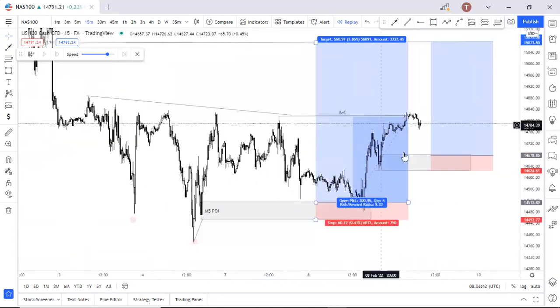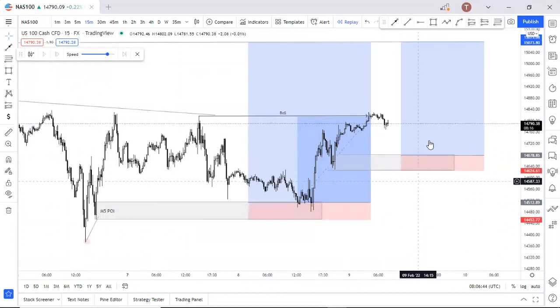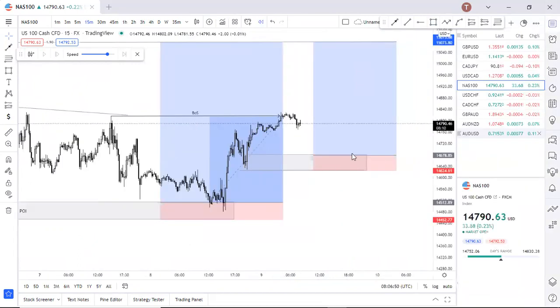And that's just how I was able to get 300 pips on Nasdaq yesterday. I took a couple of losses on AUD USD yesterday as well.